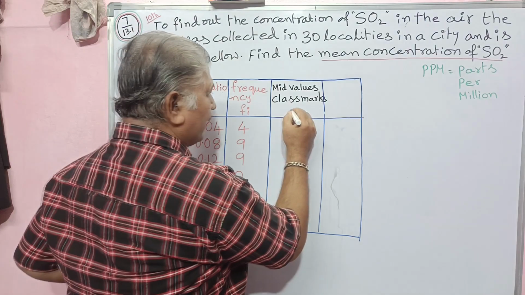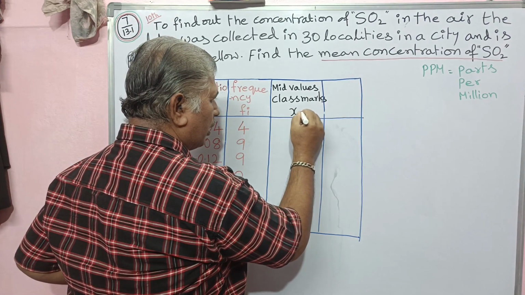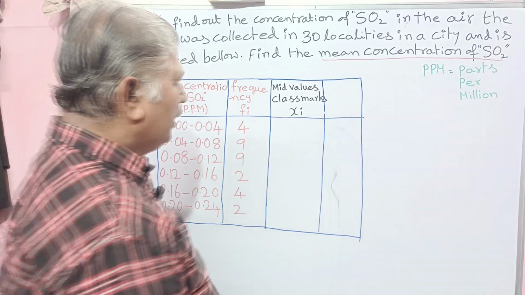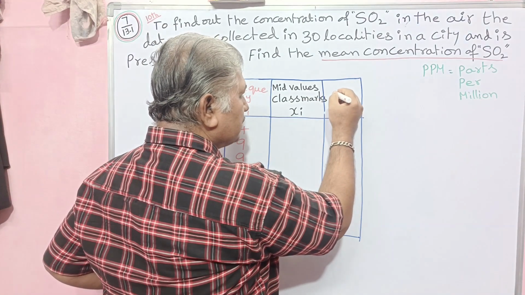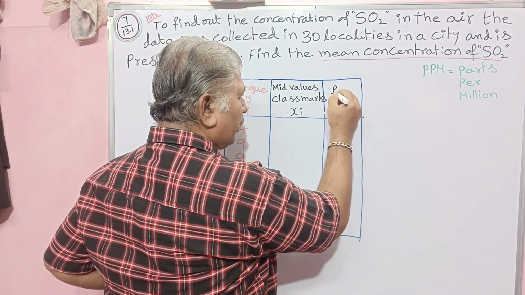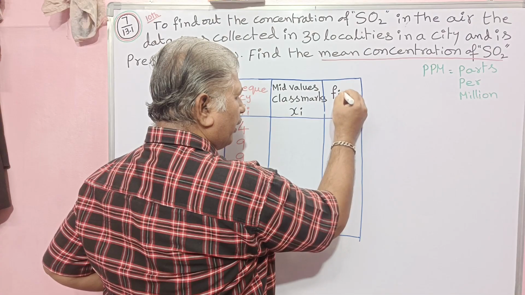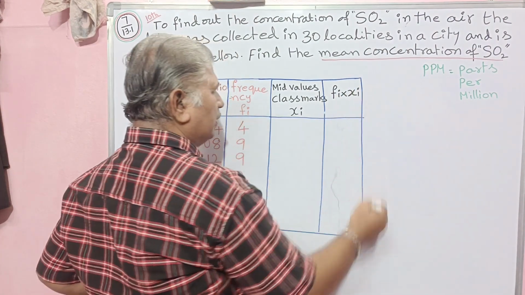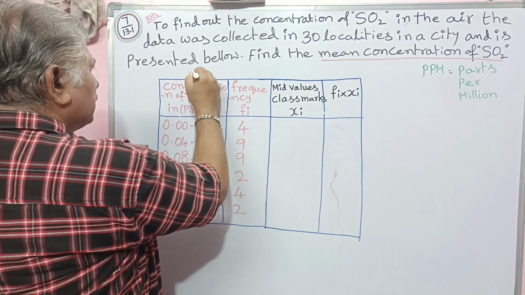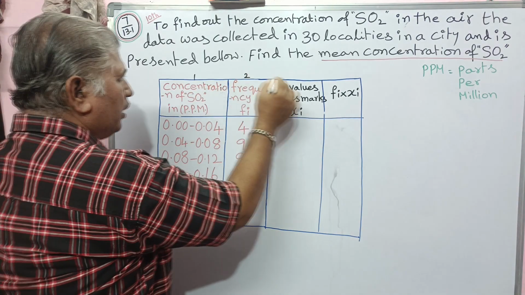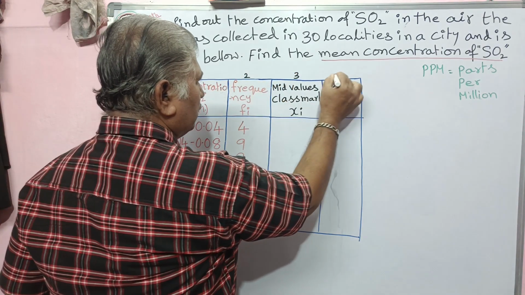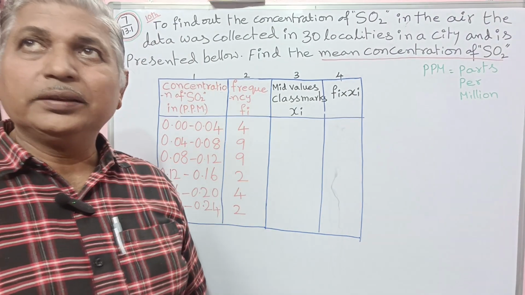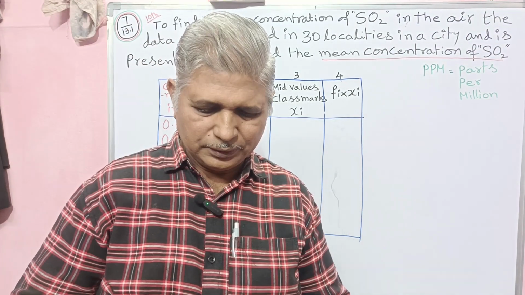It is called xi. This is xi. And the 4th column is fi into xi. This is the 1st column, this is the 2nd column, this is the 3rd column, and this is the 4th column. These are the 4 columns.